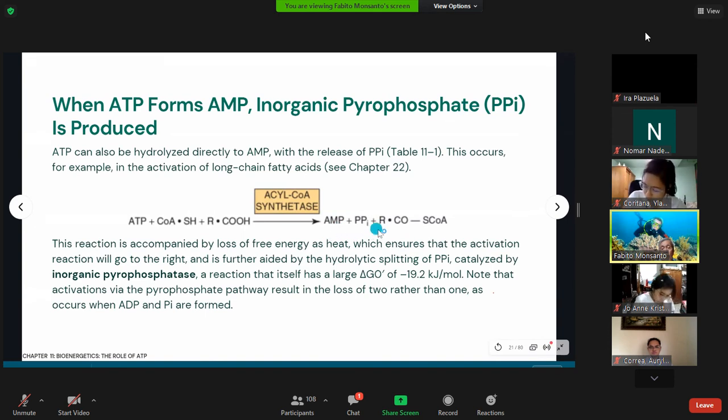This is activation of fatty acid. Before you can utilize your fatty acid, it must be activated by adding a coenzyme A, and that requires ATP. The energy requirement is high because your ATP becomes AMP. The two phosphates are removed.